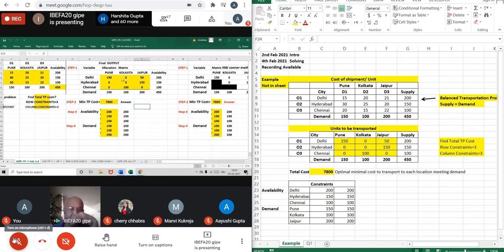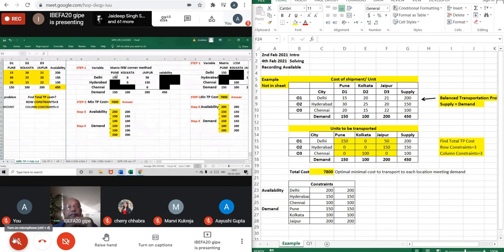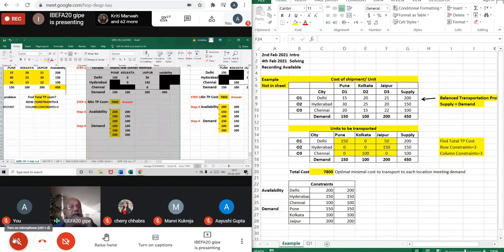Such three methods are given in your syllabus: northwest corner method, least cost entry method, and VAM, which means Vogel's approximation method.